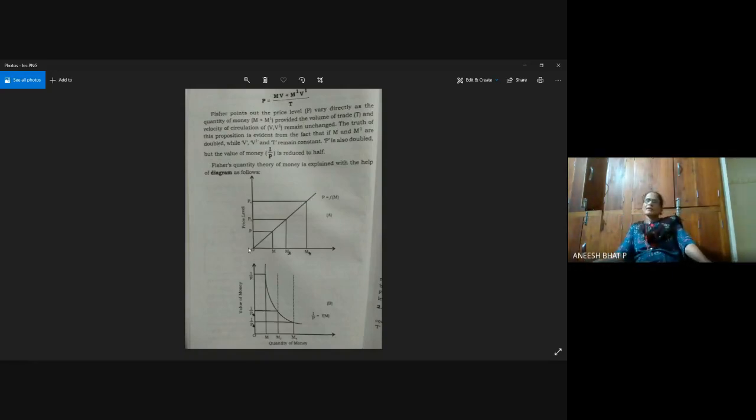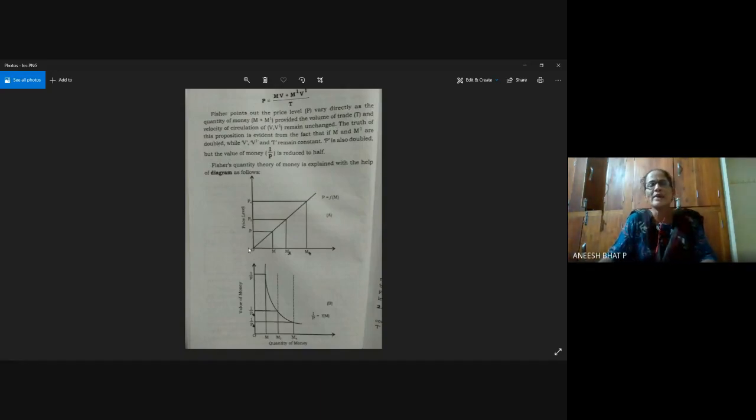In Fisher's equation, just recall the equation MV is equal to PT. MV is the supply of money, PT is the demand for money. Supply of money is equal to demand for money according to Irving Fisher.